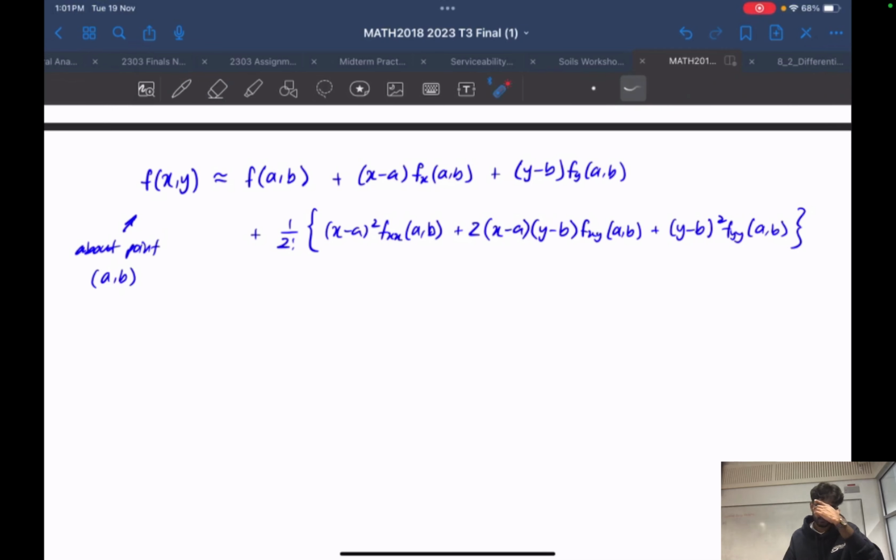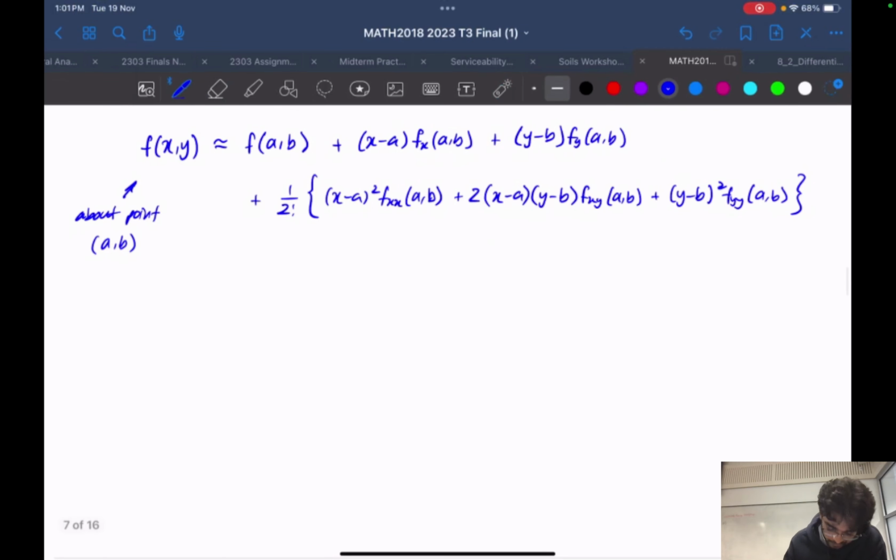So pretty much, f_x at (a, b) is the first partial derivative of f with respect to x. So you say that f_x is equal to the partial differential of f with respect to x. And when I sub in (a, b), I write f_x of (a, b).